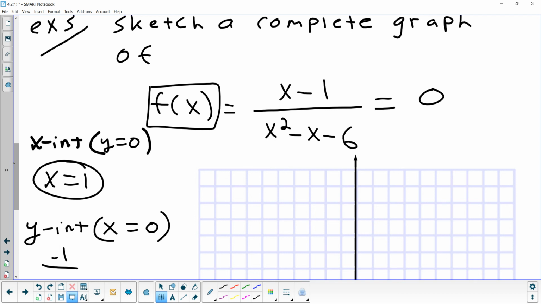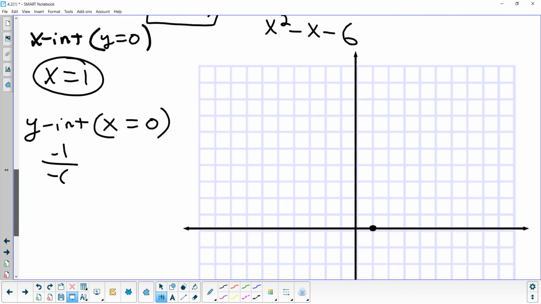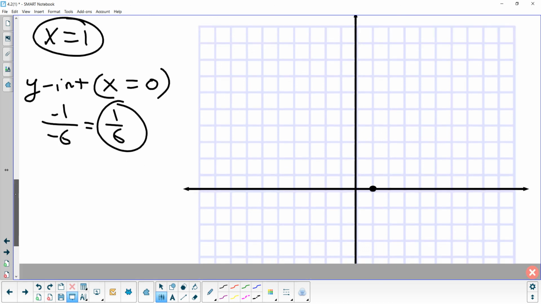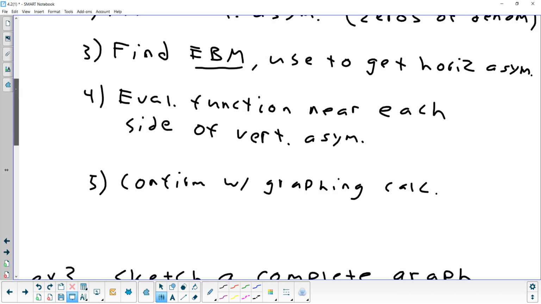You get -6. And that gives me a y-intercept of positive 1/6, just above the origin. Okay, so right about there maybe. That's not enough to make a sketch, but we got the intercepts.